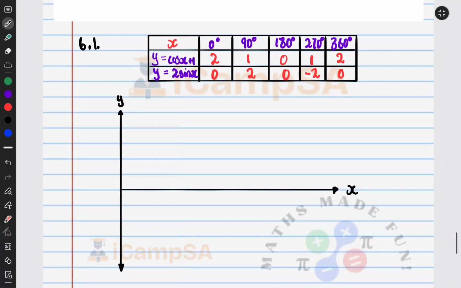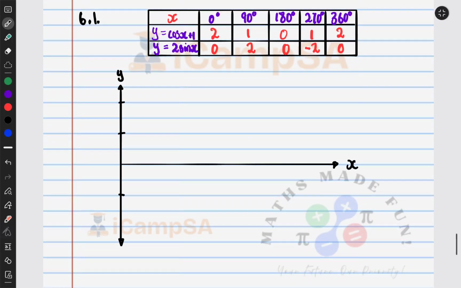Okay, we're gonna have 1, 2, 1, 2, and then we're gonna have 0, 90 degrees, 180, 270 and 360 degrees, and then we have 1, 2, negative 1, negative 2.